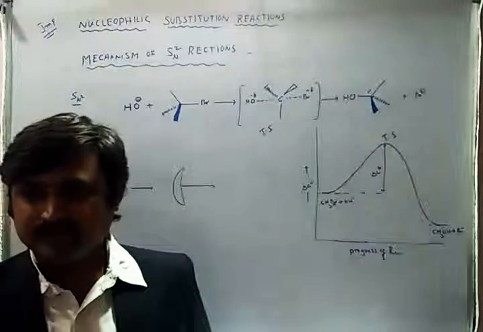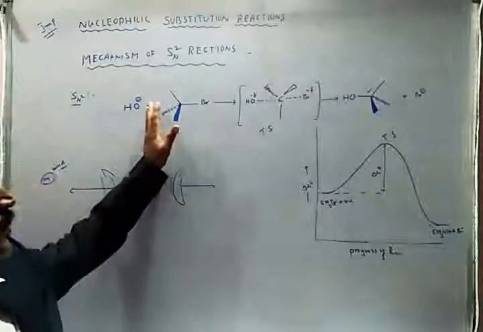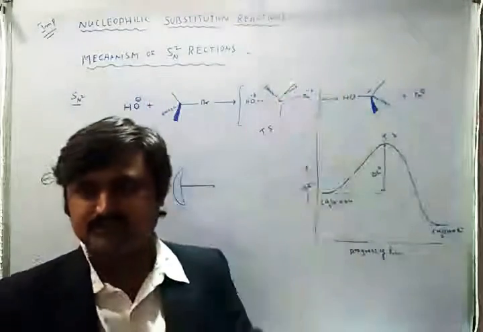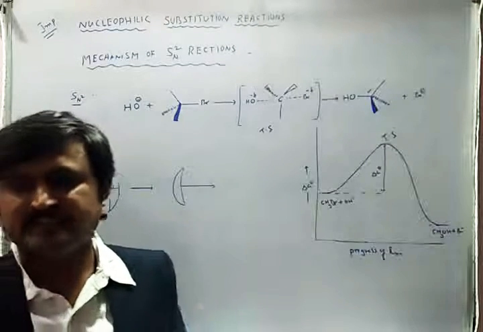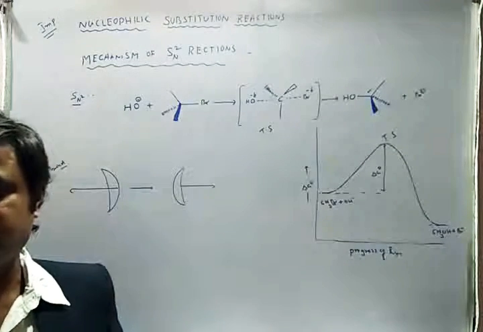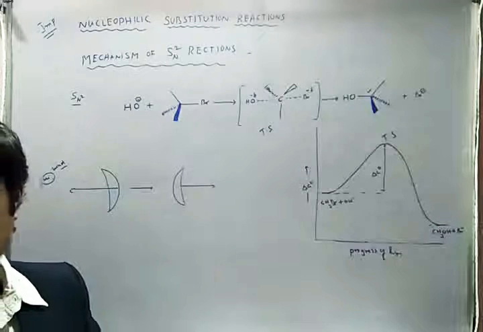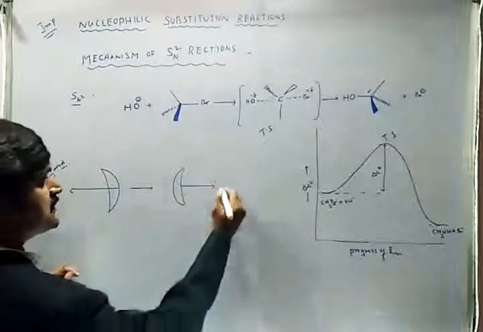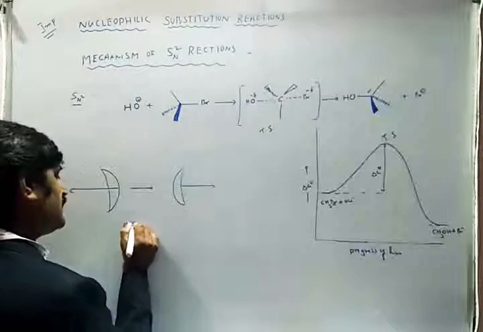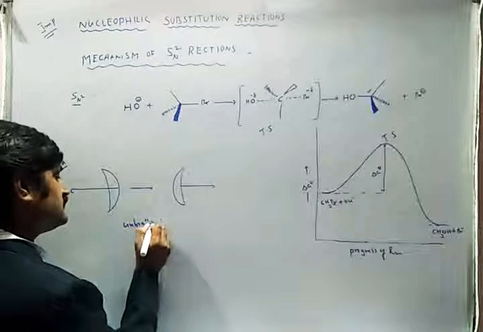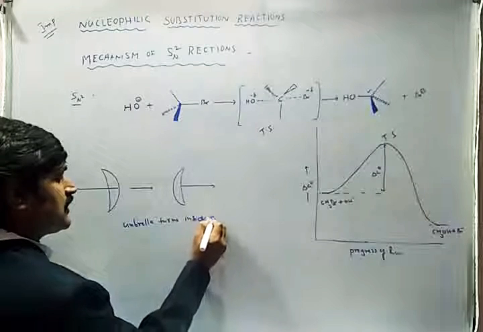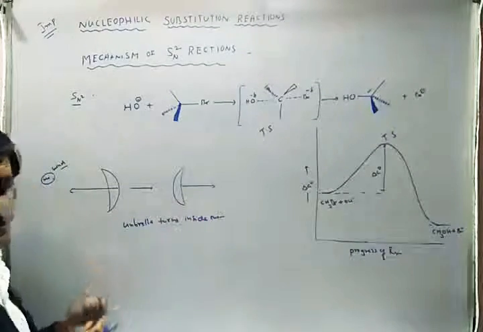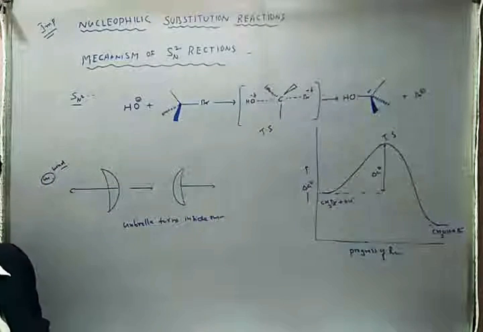So the meaning of this diagram is that the carbon configuration definitely inverts in the final product. So what is the best way? When carbon substitution occurs, it is an umbrella that turns inside out. This we can call Walden inversion.